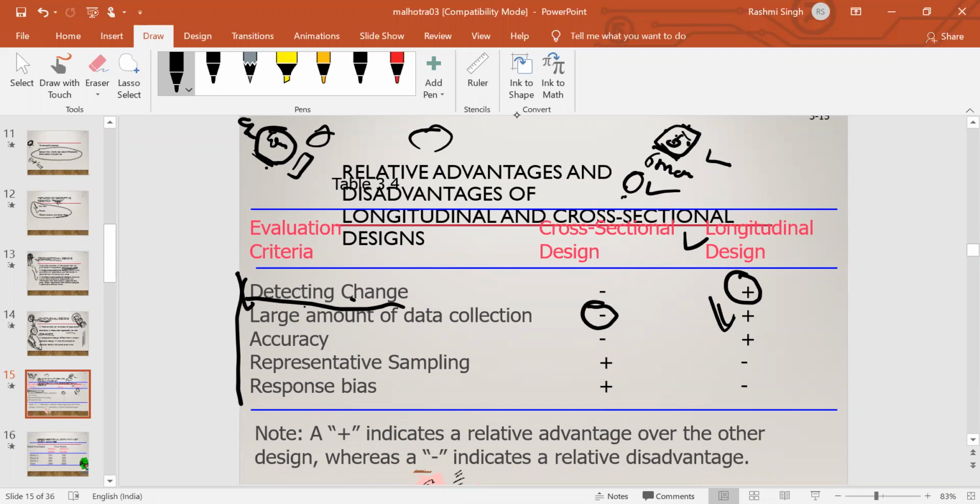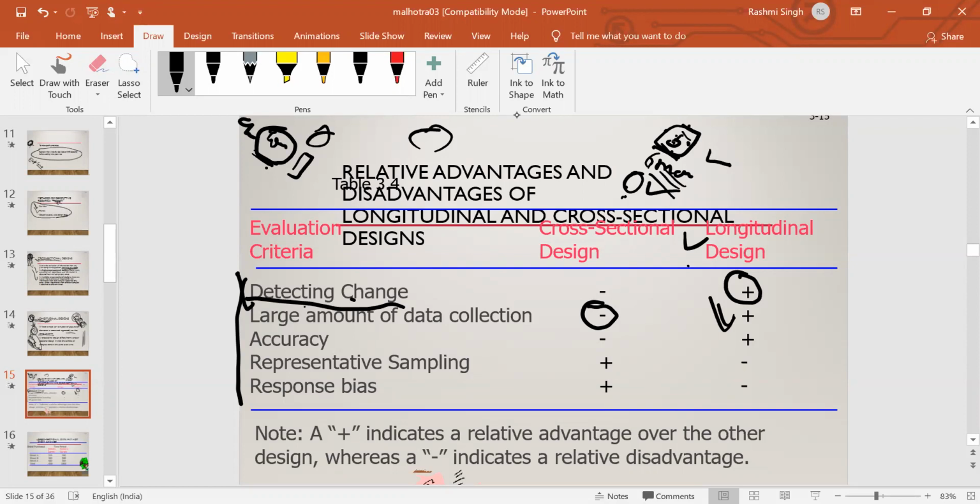Also, longitudinal research design is compensatory in nature. The respondents in the longitudinal study, because you want to collect data from them every 6 months, you will compensate them. You will give some gifts, or you will provide them some money for this longitudinal research design.